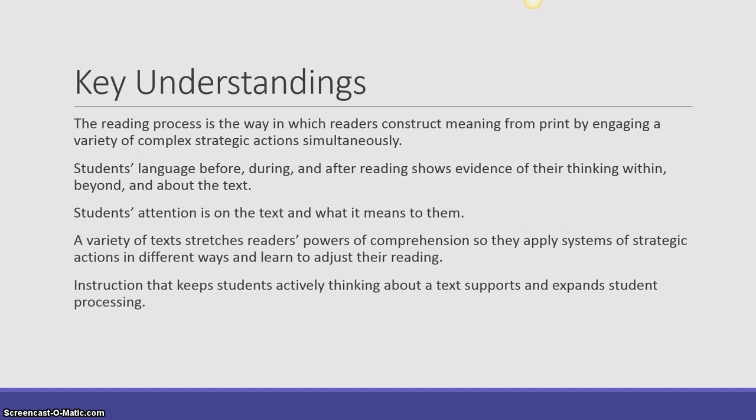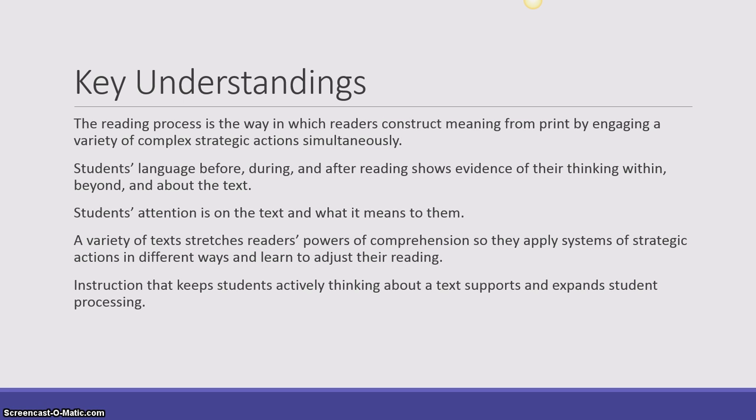Our key understanding today is to understand the reading process better. The reading process is the way in which readers construct meaning from print by engaging a variety of complex strategic actions simultaneously. Students' language before, during, and after reading shows evidence of their thinking within, beyond, and about the text.